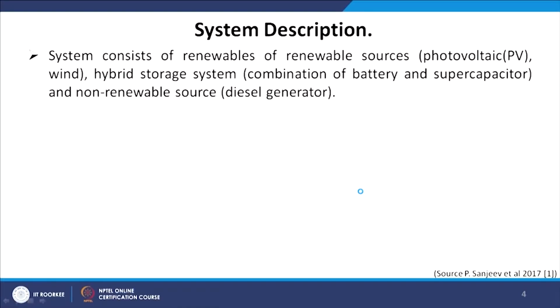The system description: the system consists of renewable energy sources, that could be PV or wind, hybrid storage systems, that is a combination of battery and supercapacitor, and non-renewable energy sources such as diesel generator.